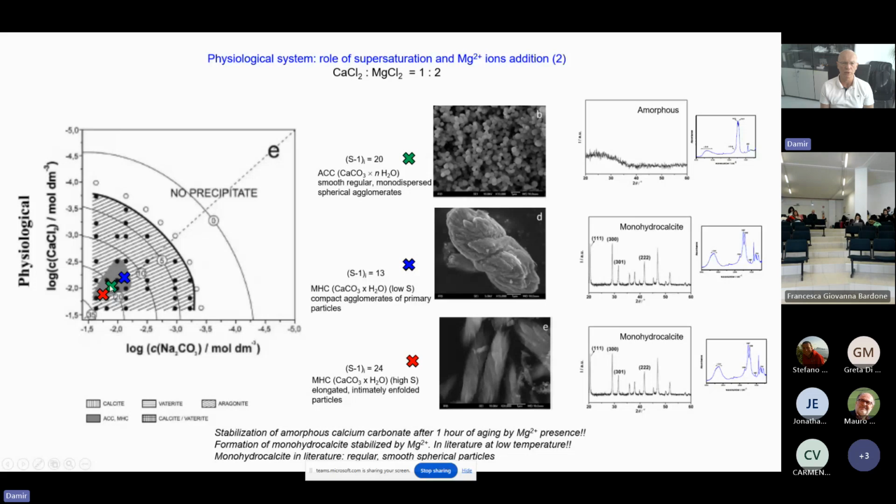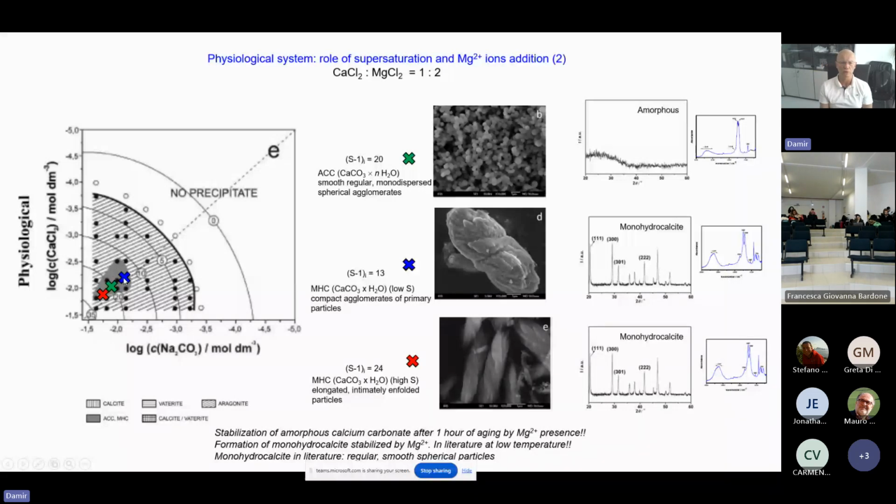In this place, we identified that the precipitate forms small, smooth, and regular monodispersed spherical agglomerates that show no diffraction peak on the X-ray diffractogram, but infrared spectroscopy indicates that we have amorphous calcium carbonate here. So this is amorphous calcium carbonate. Amorphous calcium carbonate was obviously stabilized by the presence of magnesium ion.